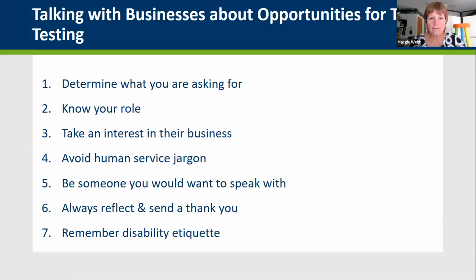Number 4 is avoid human service jargon, or your jargon. A lot of times, I've met with a lot of districts just in this last year that said, boy, I'm working with students who have so many more impacts of disability, I don't know where to start. Obviously, the ideal place to start, as we've given you the tools, is the discovery process to say what's going to work.